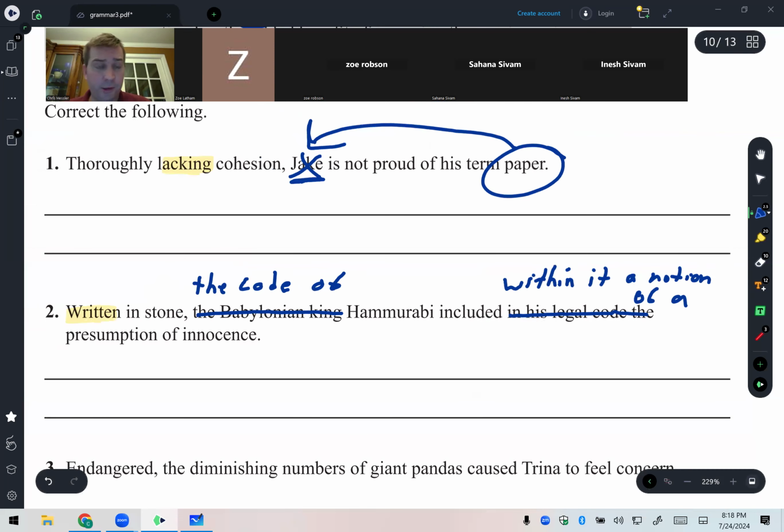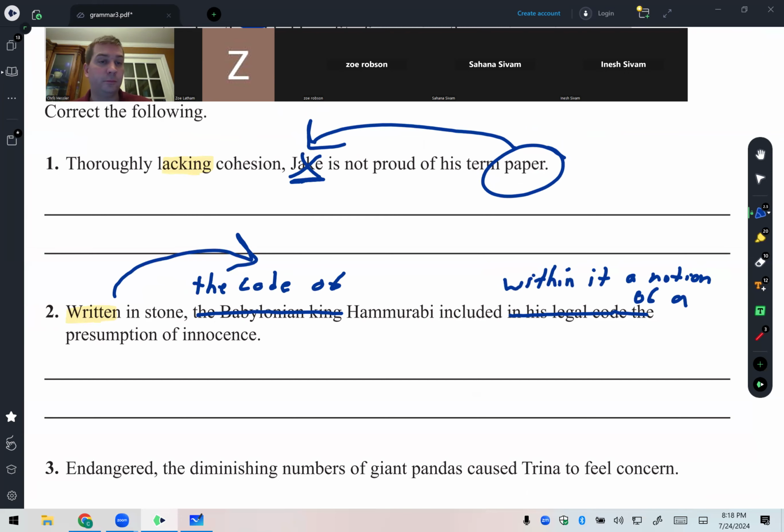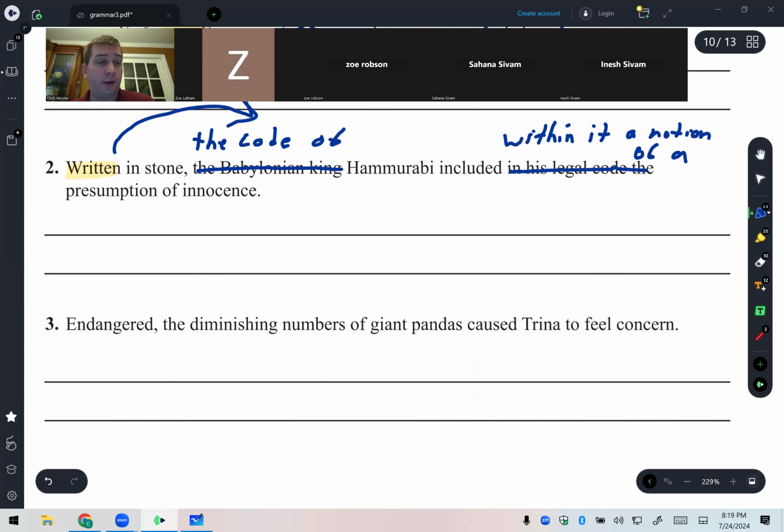All right, here's my full sentence. Written in stone, the code of Hammurabi included within it a notion of a presumption of innocence. So now the code is written in stone and not the king. We fixed it.